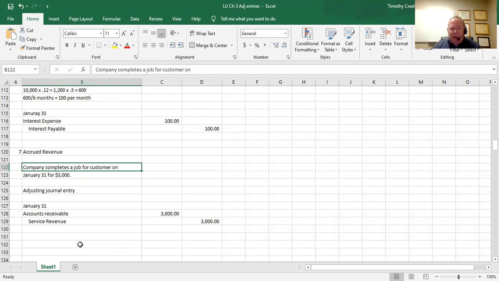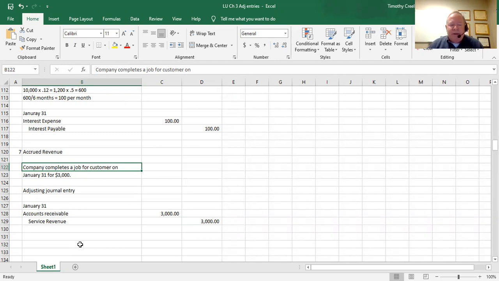So any revenue items that are missed during the regular process of recognizing transactions would be recognized with an adjusting entry. If something's completed at 10 o'clock after the office is closed on the last day of the month, we would do an adjusting entry to go ahead and get that revenue on the books.